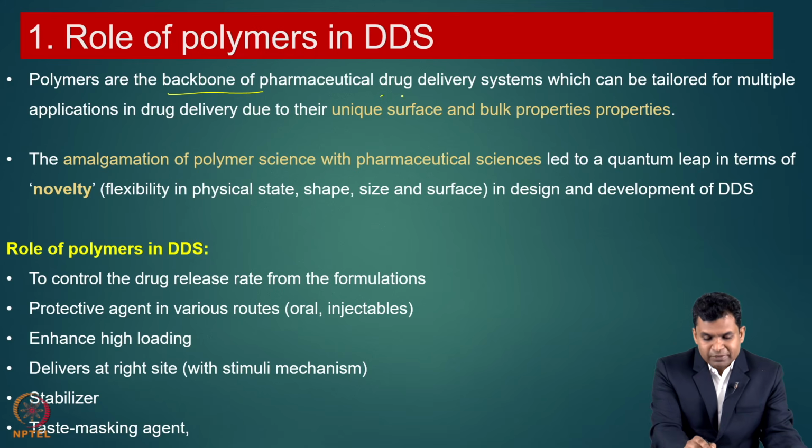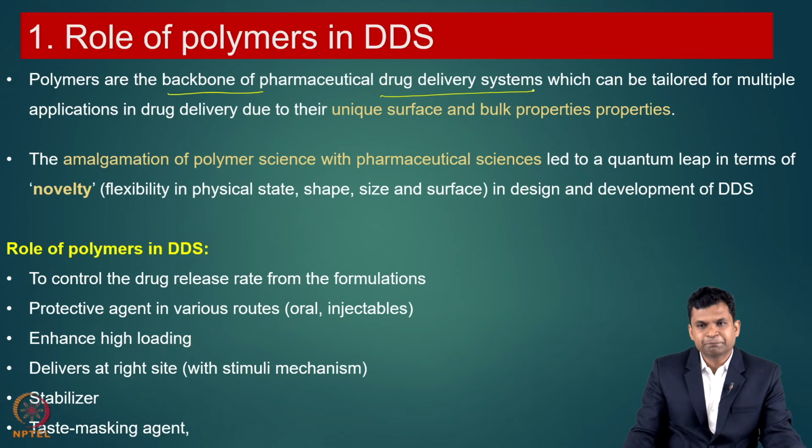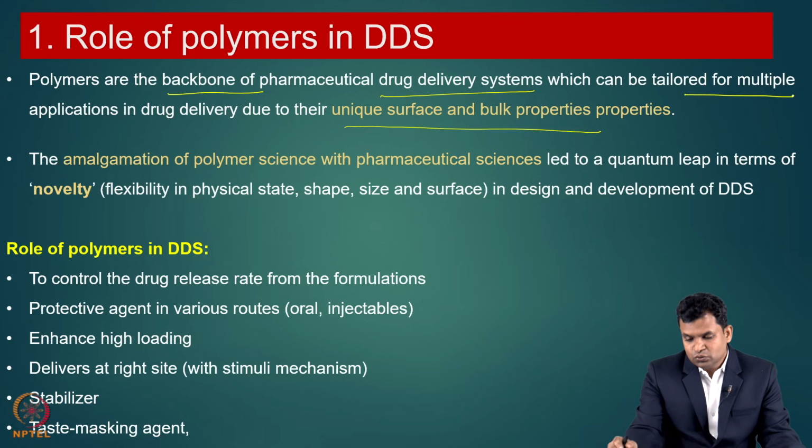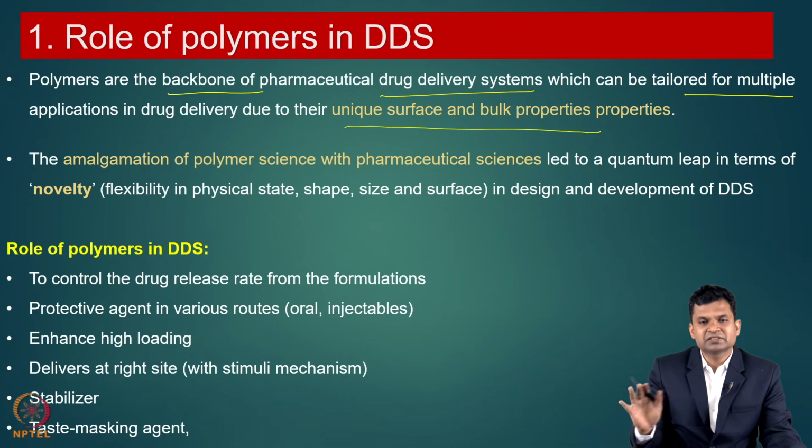We can make drug delivery systems because of their unique surface and bulk properties, which enhance the utilization of polymers in drug delivery systems. That is why we use these polymer based drug delivery systems in various applications in pharmacy.